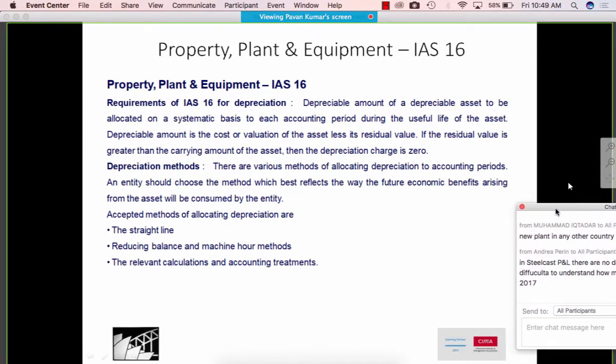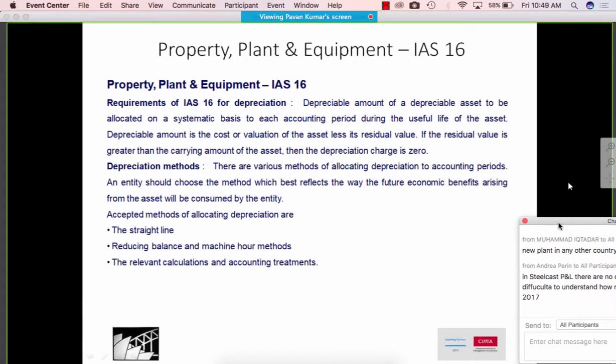Correct, Andrea. Even I was also feeling a little uncomfortable trying to locate these things. And probably the depreciation is included in the cost of sales. I'm assuming that they would have included depreciation in cost of sales rather than identifying it as a separate line item.